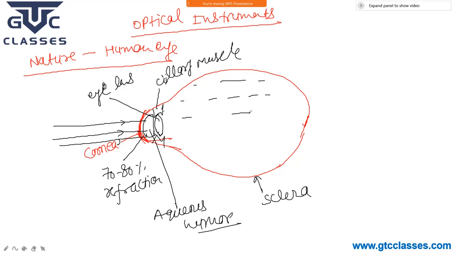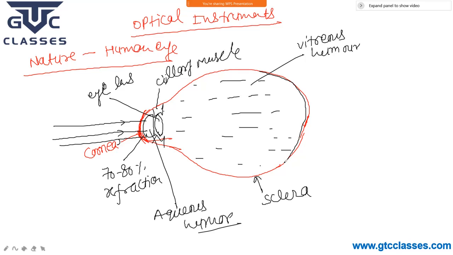Inside this we also have liquid filled. This liquid we call vitreous humor. This entire region from here till here we call the retina. Retina is nothing but a screen where the image will get formed.